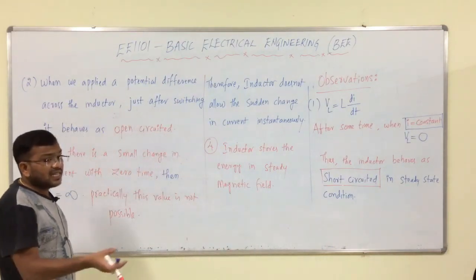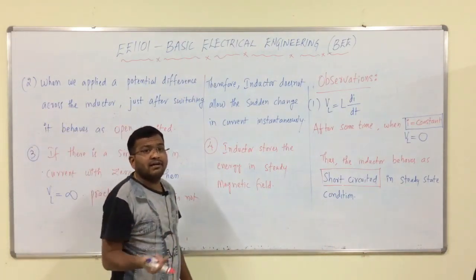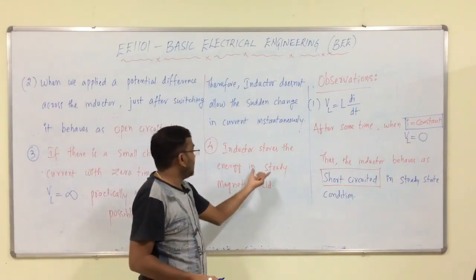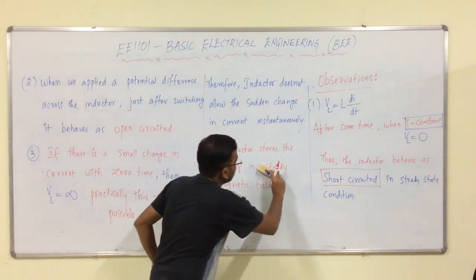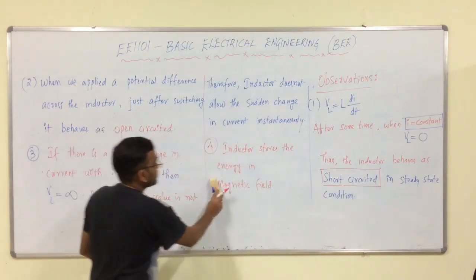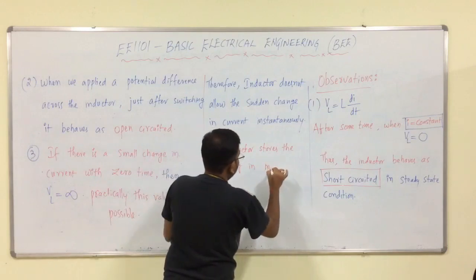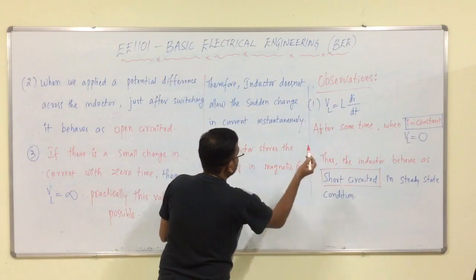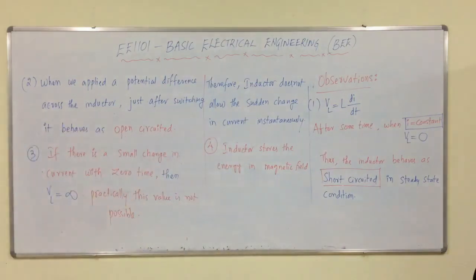If we provide AC excitation, an alternating magnetic field is there. In this case, the inductor stores the energy in the magnetic field, whether it is steady or alternating. So, these four are very, very important observations.